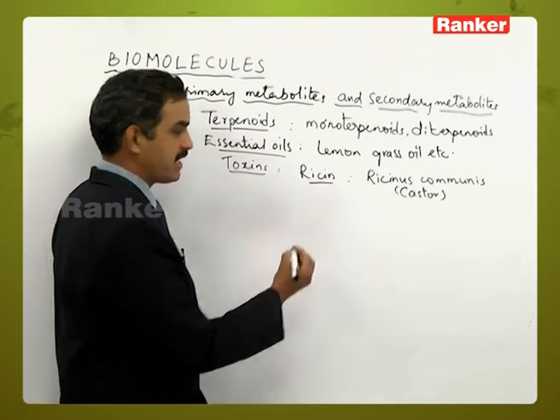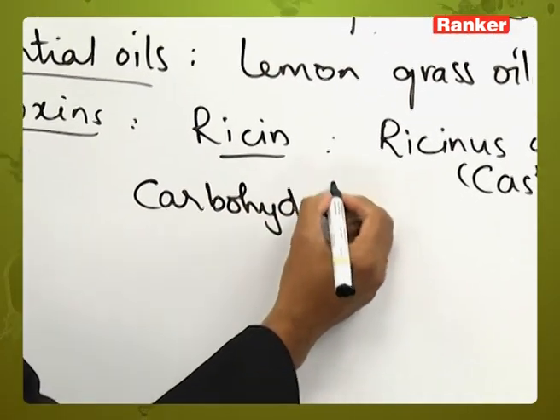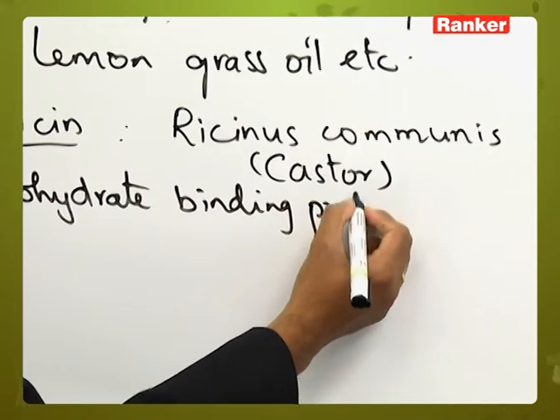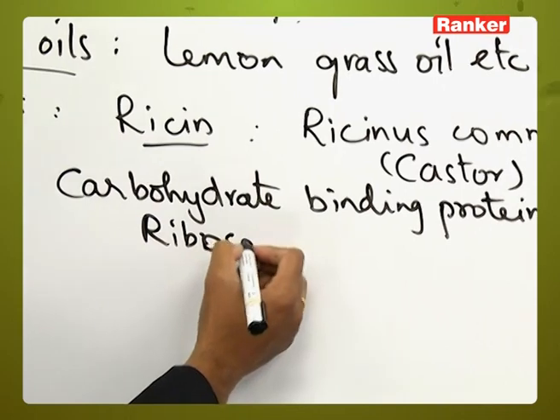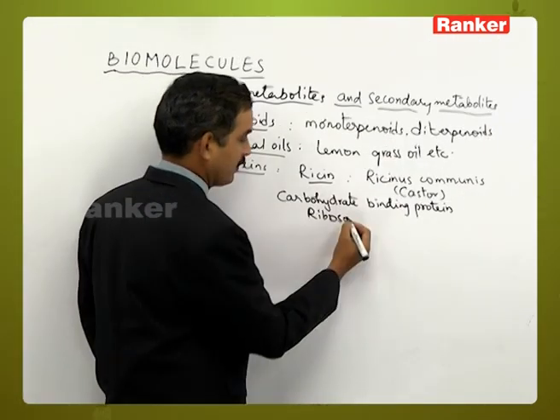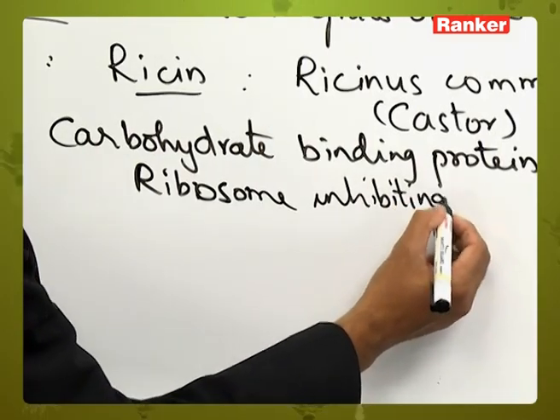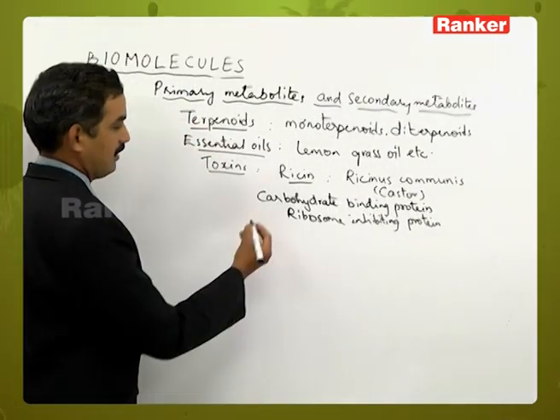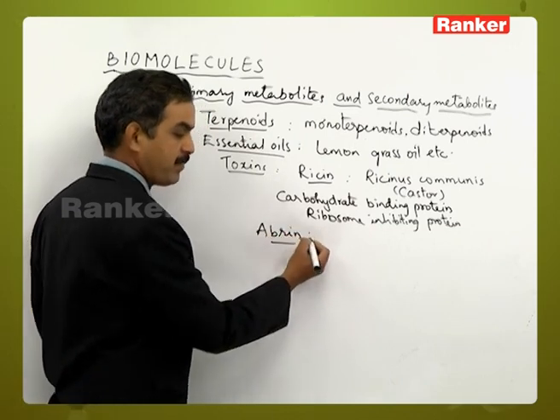Ricin is a carbohydrate binding protein, and it is a ribosome inhibitor. Ribosome inhibiting protein means which will inhibit the activity of the ribosome. Then the other one is abrin. One more toxin is abrin.